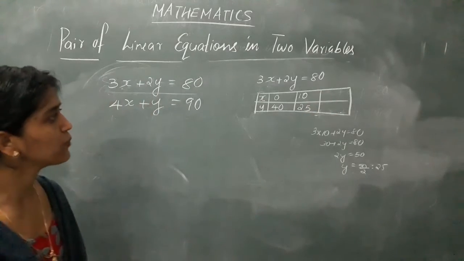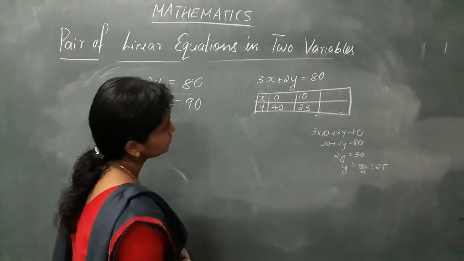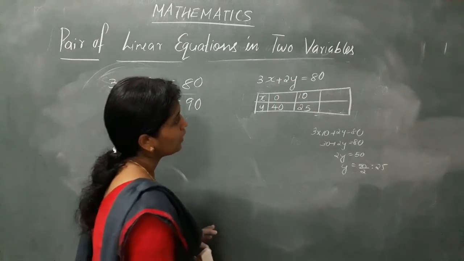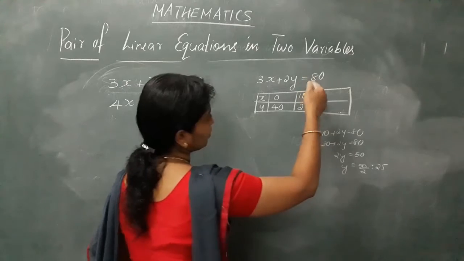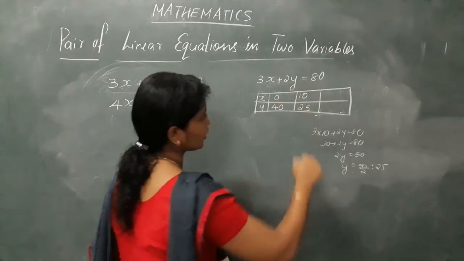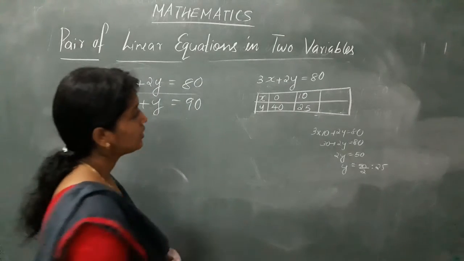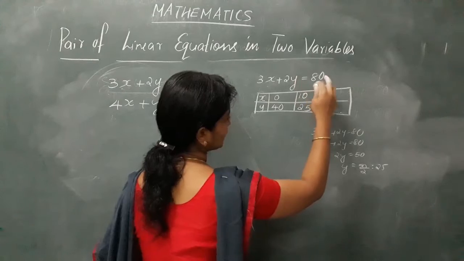Now I am going to take a y value. If I take x as 0, I will not get it, so I will take y as 10.